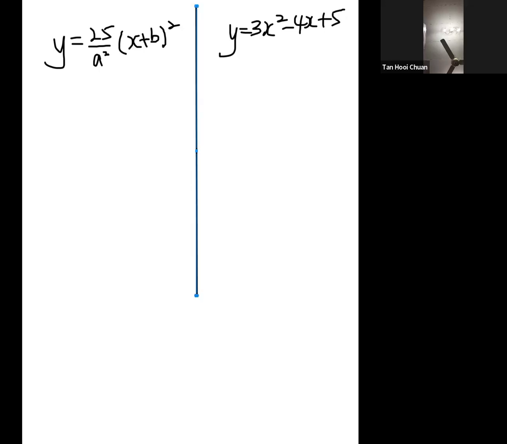So for the first one, you just need to square root the left, square root the right. I show it to you.